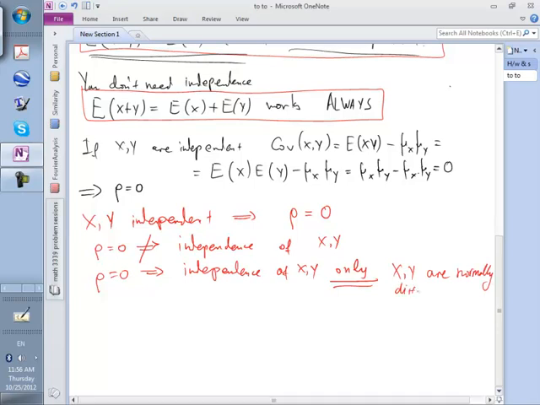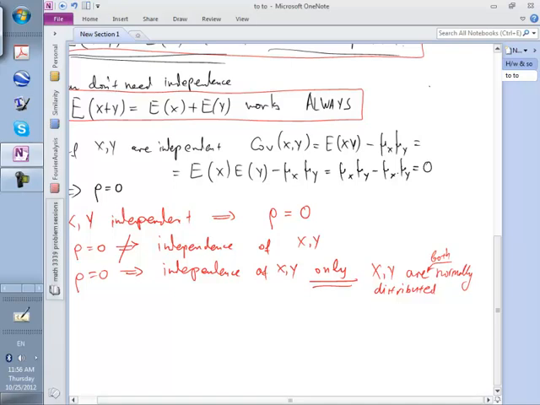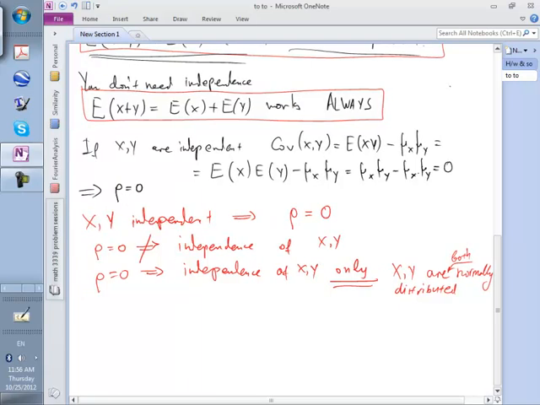And this is one of the most beautiful properties, when x and y are both normally distributed. This is the beauty of the normal distribution. If you know that x and y are normally distributed, then their joint density is also going to be a joint normal density.